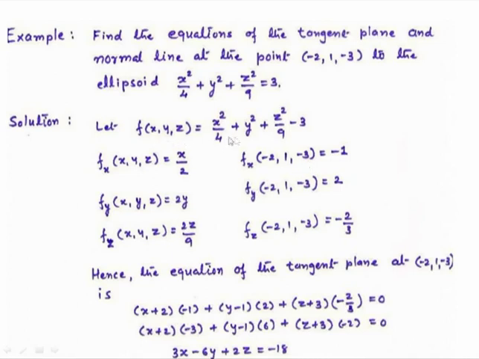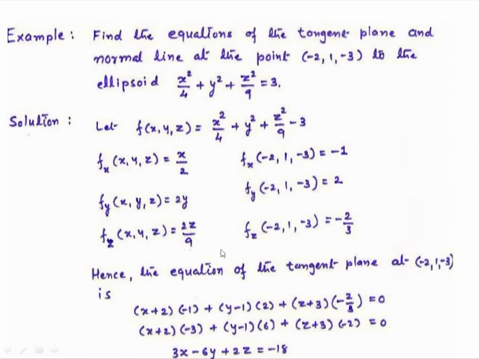It is very easy to calculate: the partial derivative of f with respect to x is 2x by 4, which after simplification will be x by 2, and the derivatives of y squared, z squared and 3 are again 0. So the partial derivative of f with respect to y at this point (x, y, z) is 2y, and the partial derivative of f with respect to z is equal to 2z by 9.